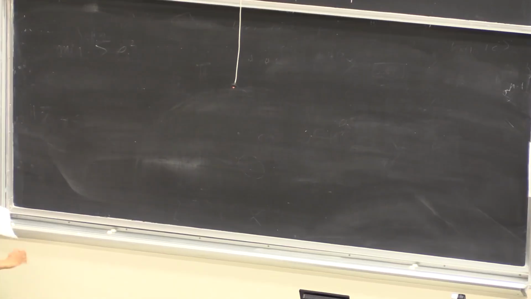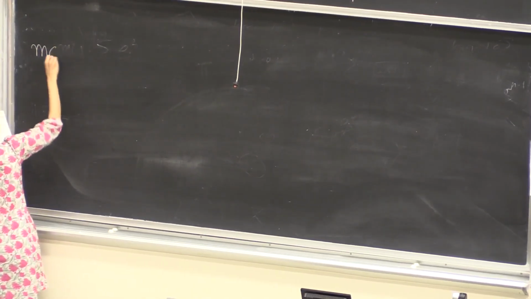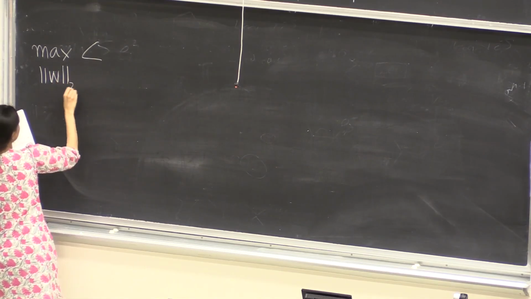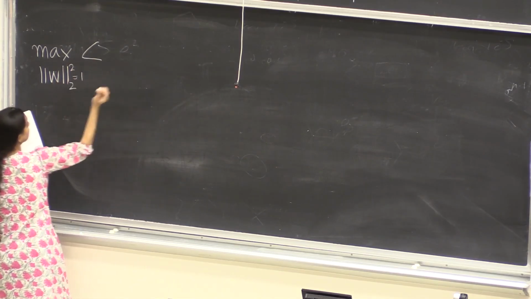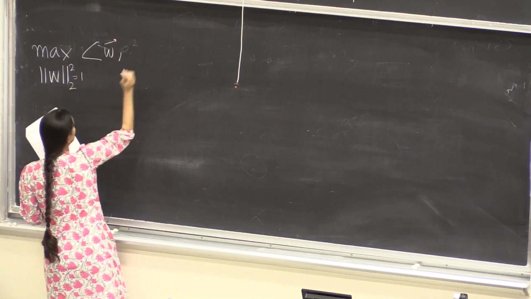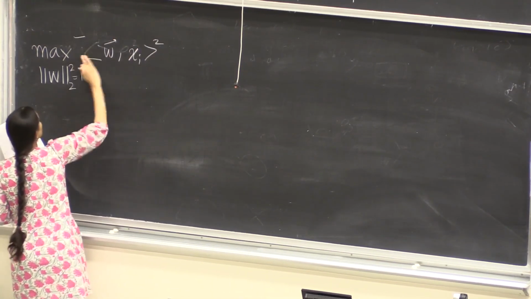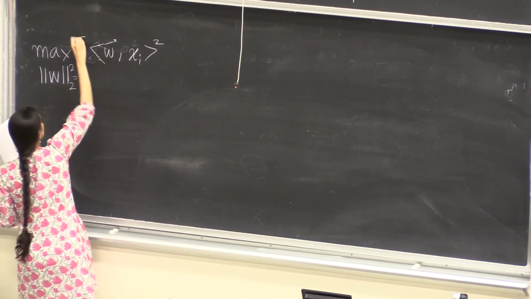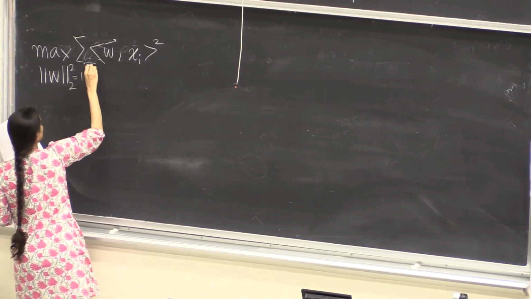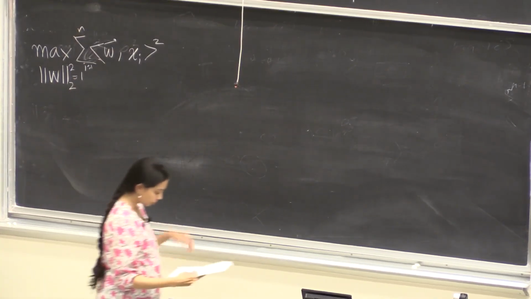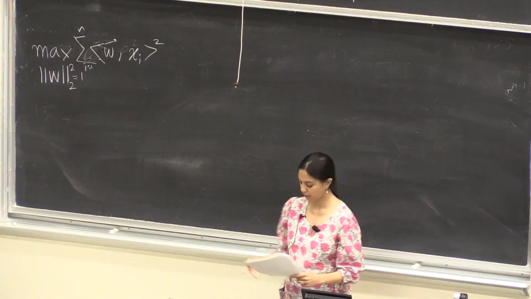And for that, we're going to solve this maximization problem over all w's that are norm 1. OK? And so how are we going to try to solve this?